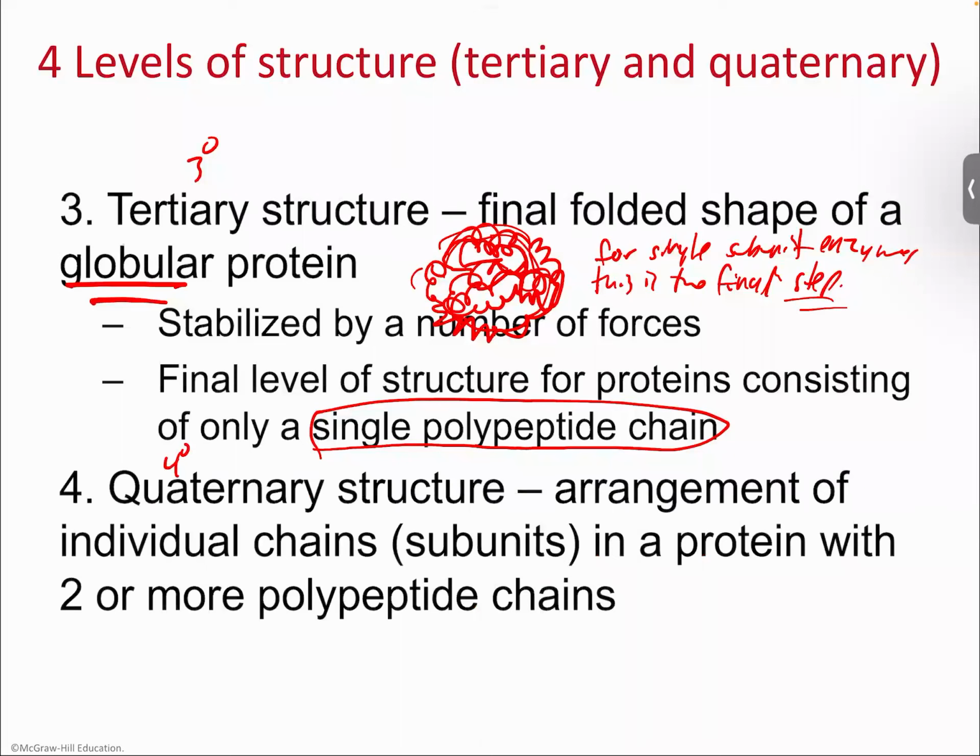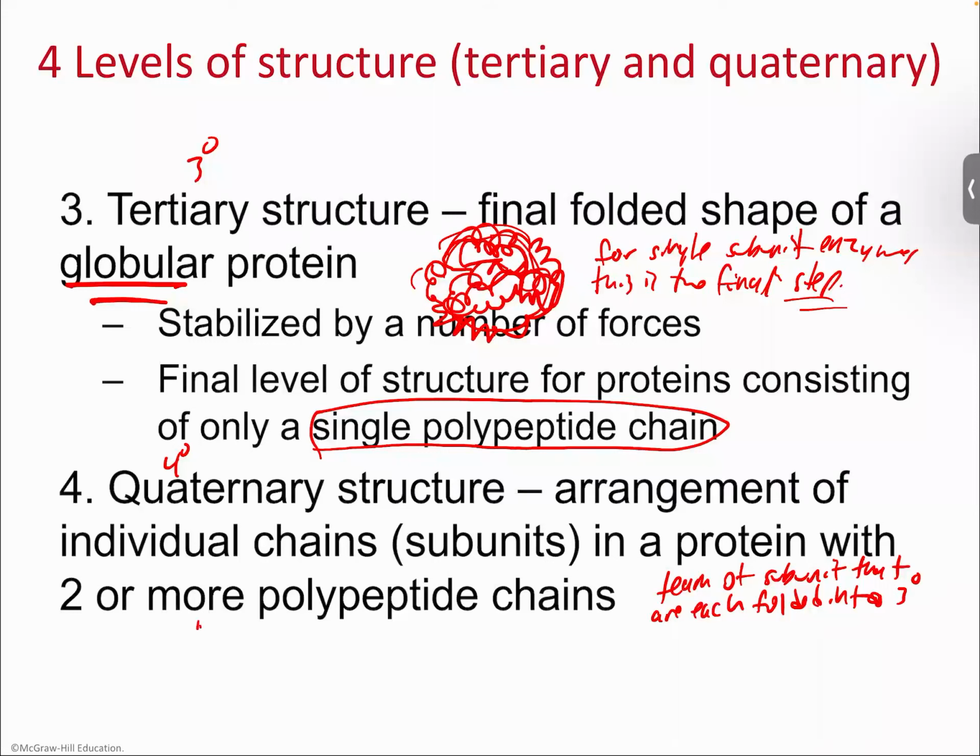That brings us to the next level, the final level of protein structure, which is the quaternary structure, the fourth degree. So basically this is a team of subunits that are each folded into tertiary structure.